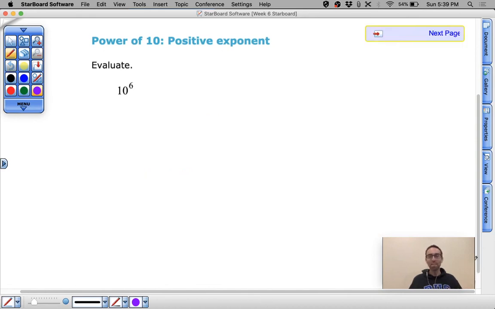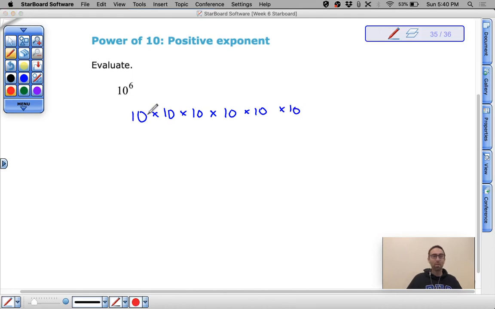All right, so evaluating 10 to the 6th power. This one, I'll still write it out the long way. This is going to be 10 times 10 times another 10 times my 4th 10 times my 5th 10 times my 6th 10. Now when I look at these, I have 1, 2, 3, 4, 5, 6 zeros, or 6 tens.